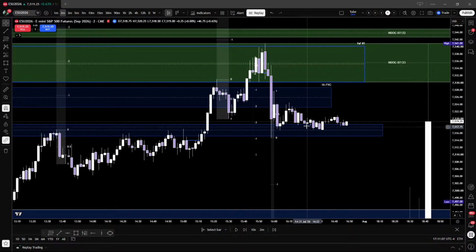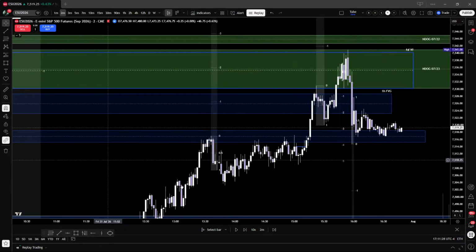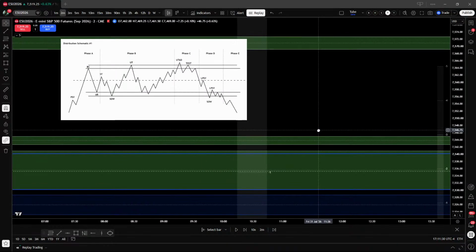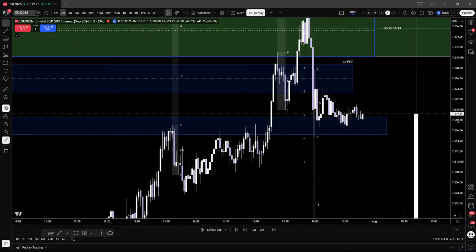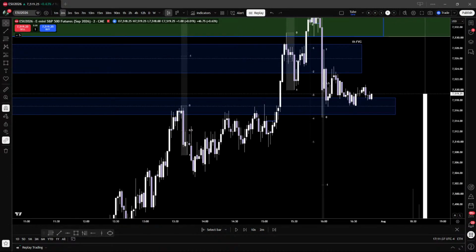So once you see this redistribution, right, it's a consolidation, a bearish consolidation, right? And this is the first swing of it, right? Oh yeah, I was going to show you guys the reaccumulation schematic.